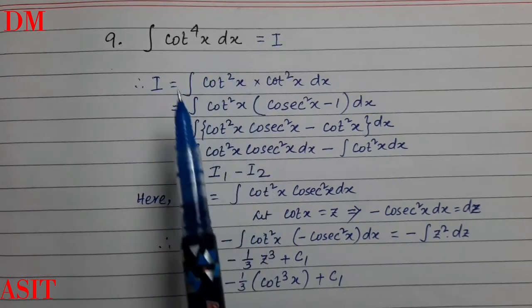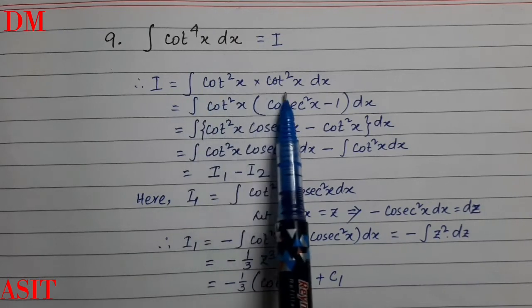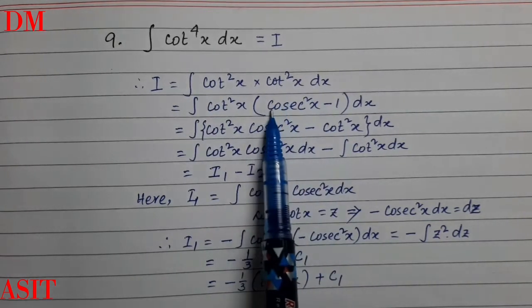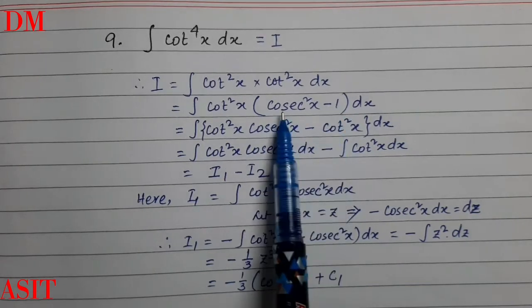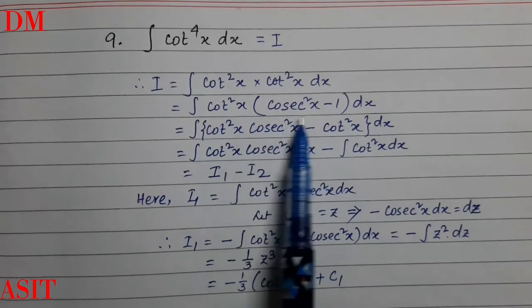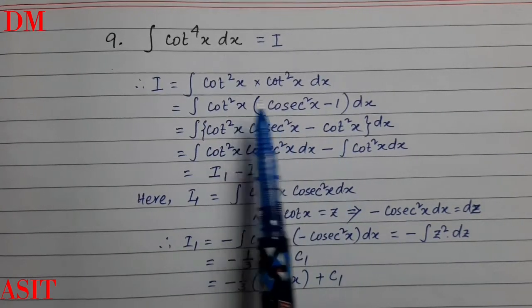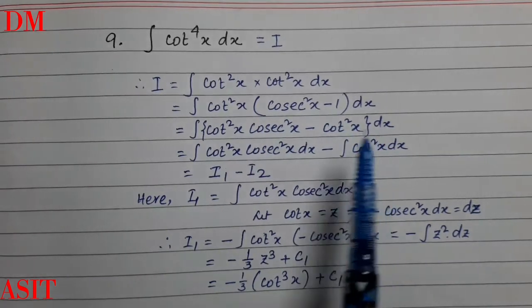So first we need to adjust. So integration of cot square x into cot square x. Now one cot square x is written as cosecant square x minus 1. We know this from class 10. So now we can distribute this: cot square x into cosecant square x minus again cot square x dx.